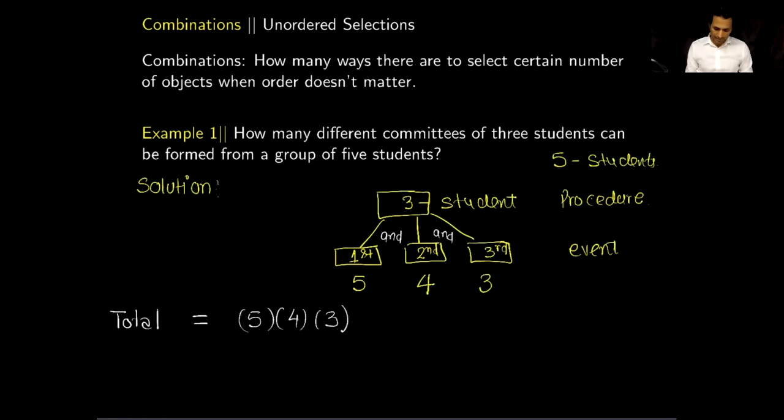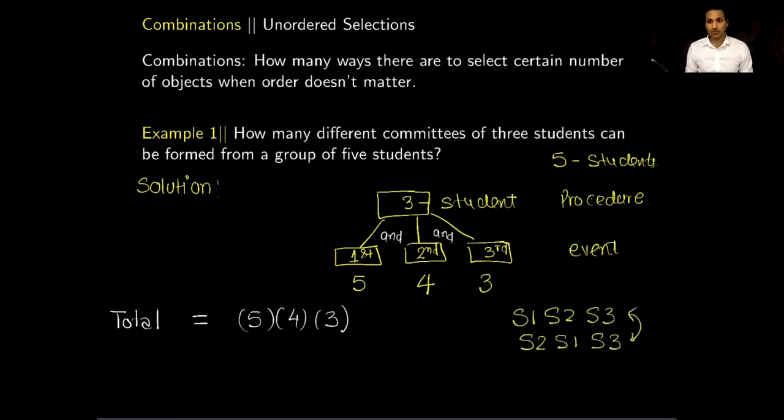Here there are some repetitions in this procedure which we need to remove. As you can notice, if I mark the students S1 to S5 and I select S1, S2 and S3, these are my first 3 students. If I select in the order S1, S2, S3, or in the order S2, S1, S3, they are identical.